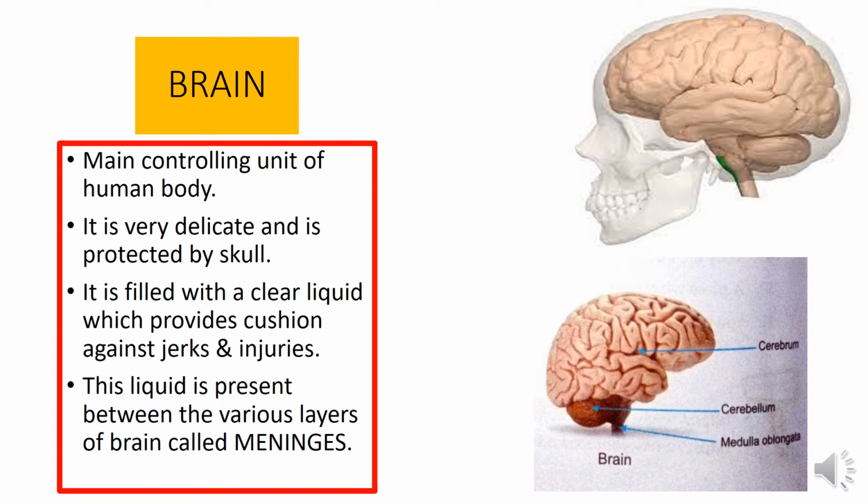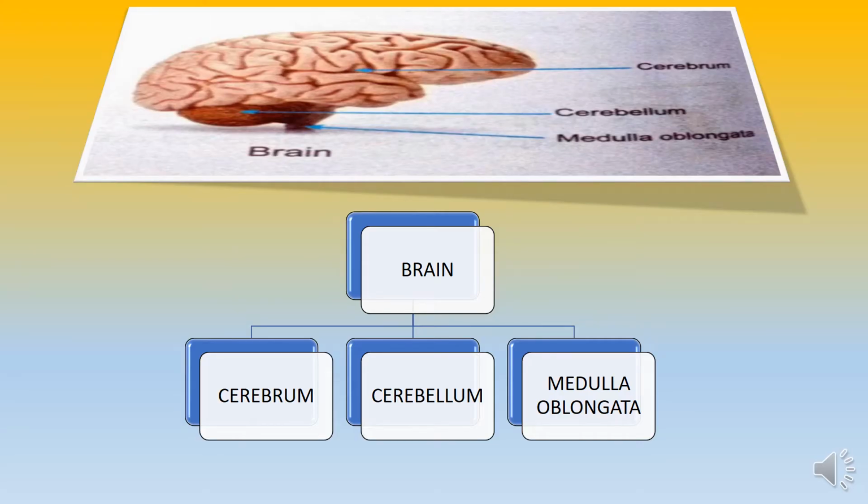Now the brain is divided into three main parts. The brain has three parts. First is cerebrum. You can see in the picture. We will study each one of them separately. Second is cerebellum, and the third is medulla oblongata. Let's study first about cerebrum.